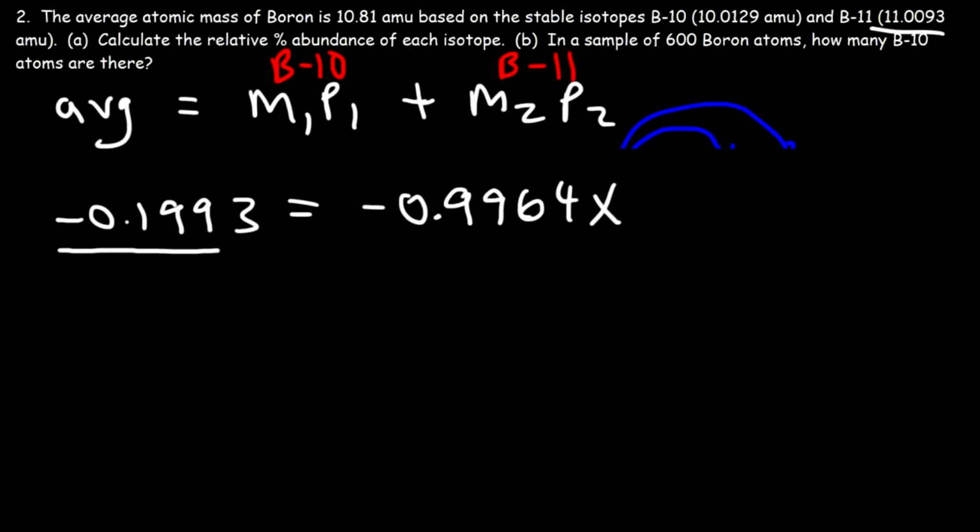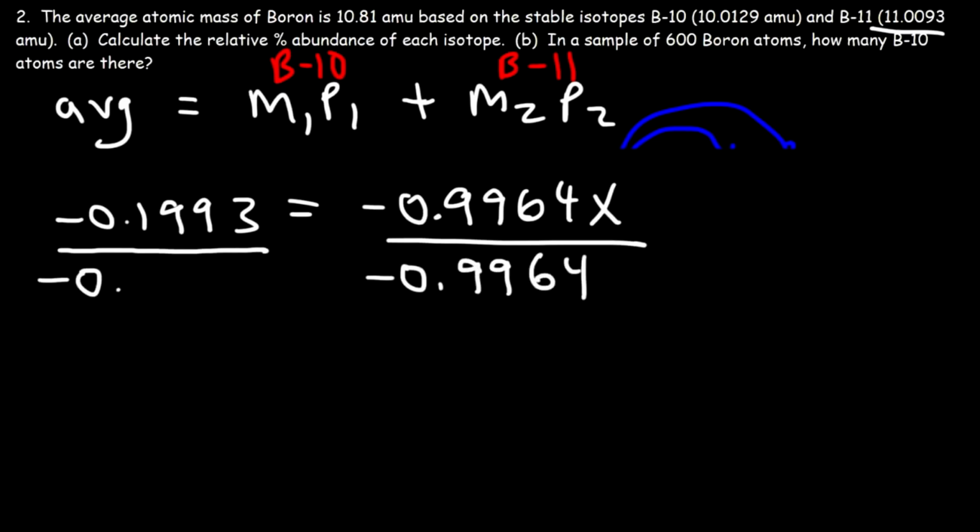Now what we need to do at this point is divide both sides by negative 0.9964. And so this will give us the value of x, which is 0.2.